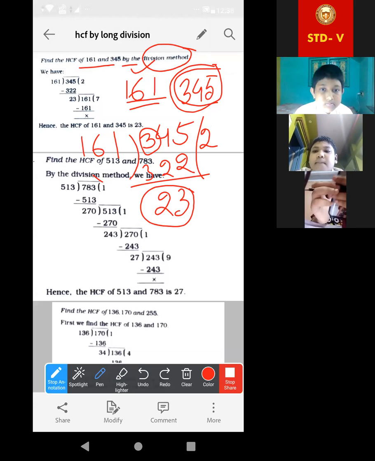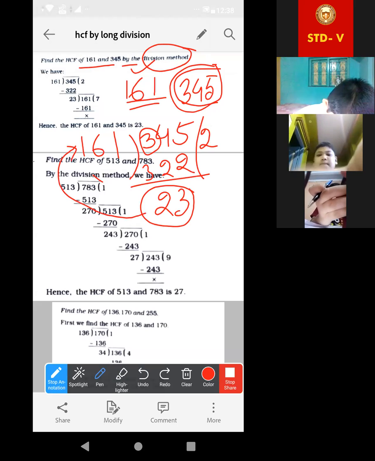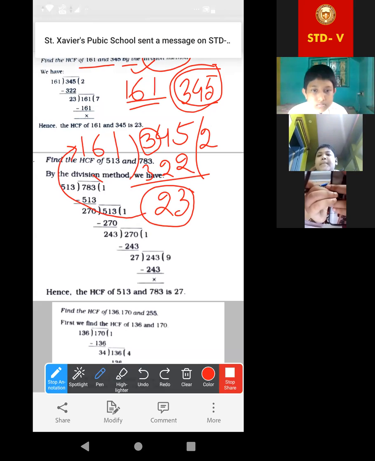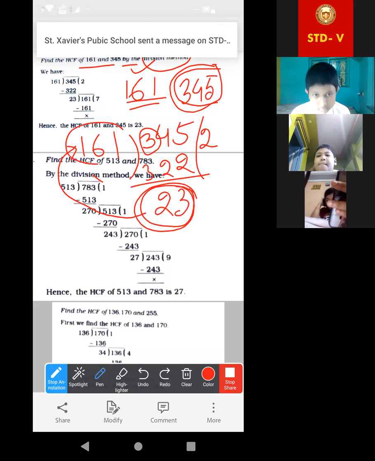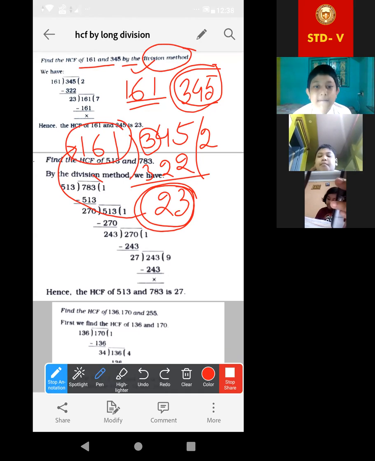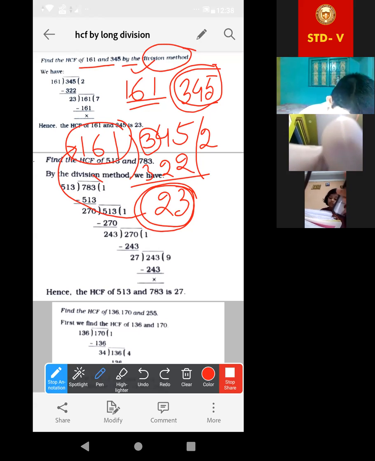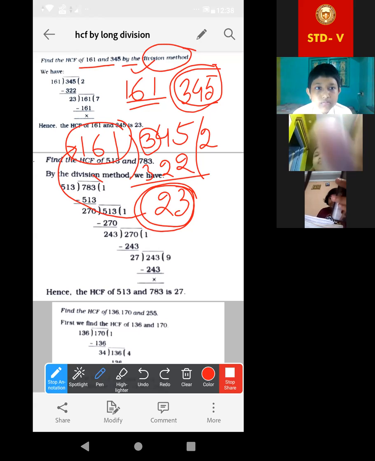And the remainder is less than this 161. So how to continue the division? By this remainder, again we have to divide this 161. 161 is known as what? Dividend, divisor, quotient? Divisor. Okay, now just look at this.